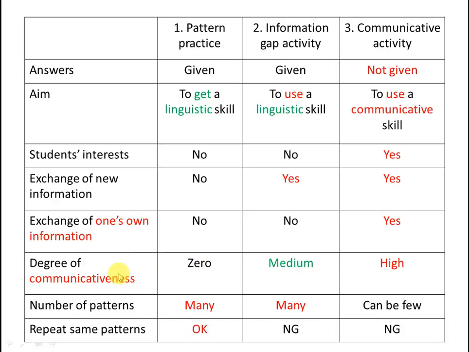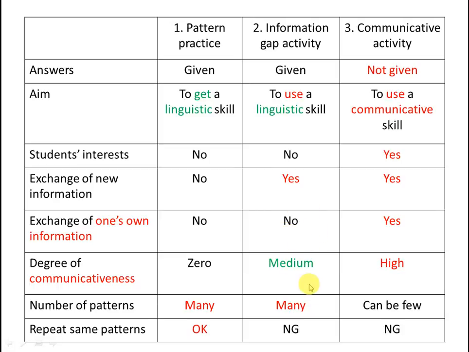So if we think about the degree of communicativeness, I would say 0 for pattern practice, because pattern practice doesn't involve communication at all. For information gap activity, I would say there is a medium degree of communicativeness, because we do exchange new information, but we don't exchange our own information in information gap activities.